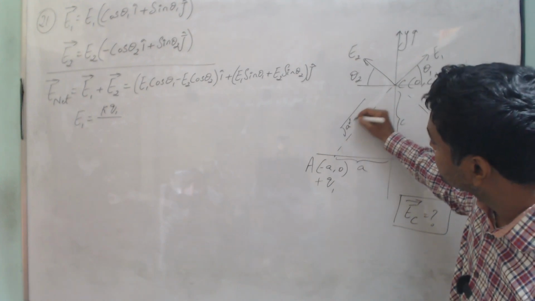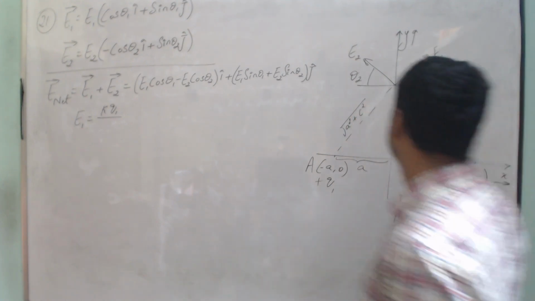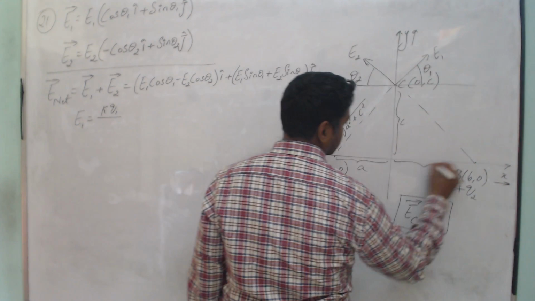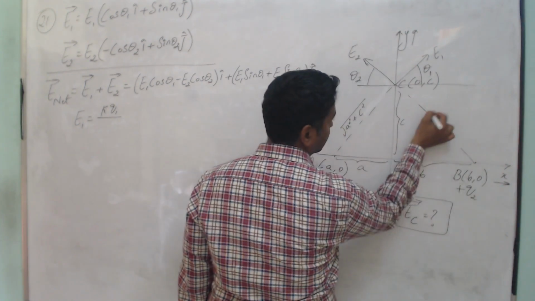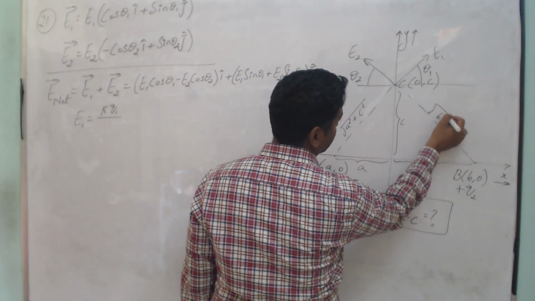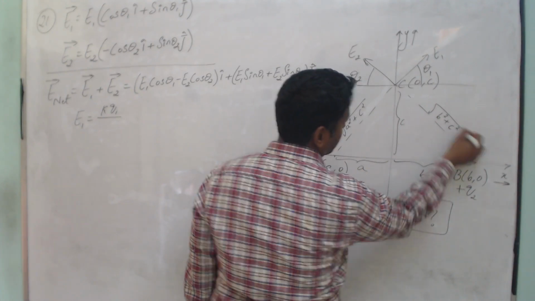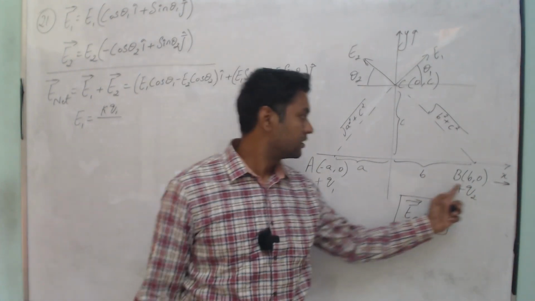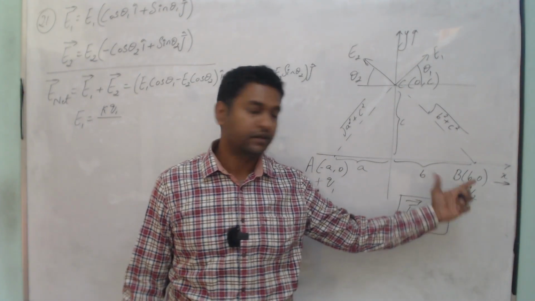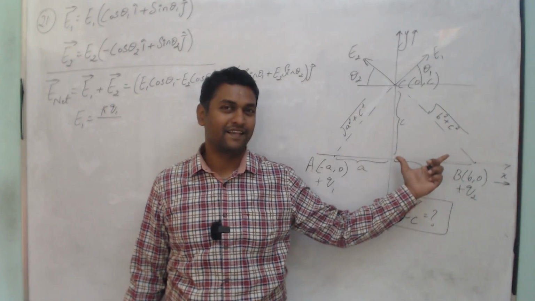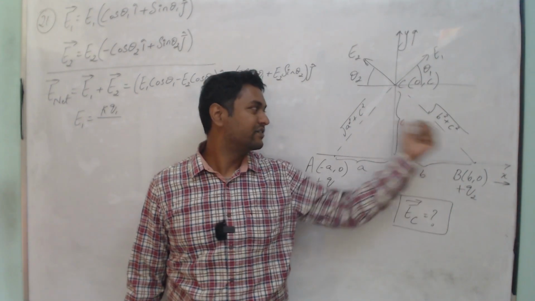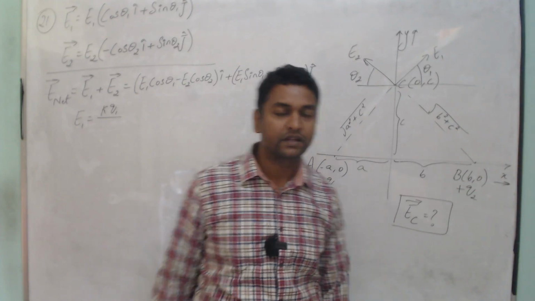Under root A square plus C square. Similarly, what is this fellow? This is small b, under root B square plus C square. Clear?